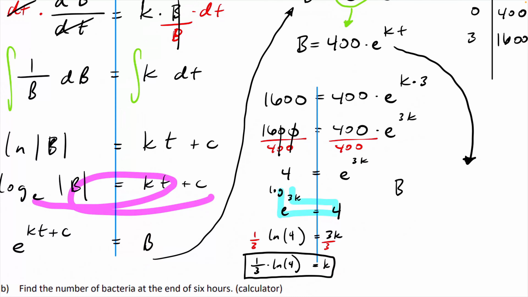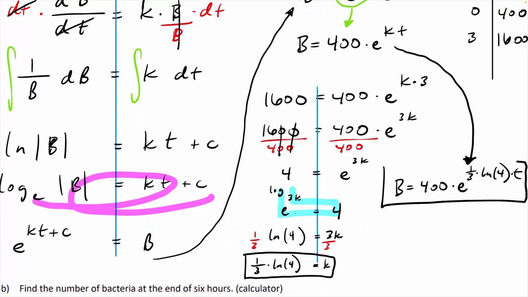B equals 400 times e to the 1/3 times the natural log of 4 times t. That's my equation I'm going to use.